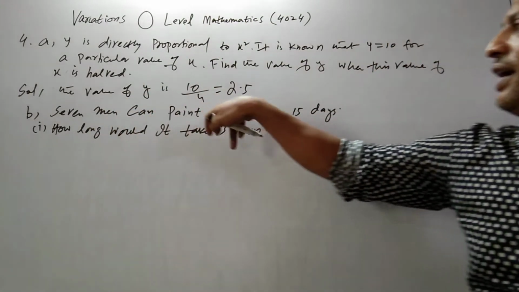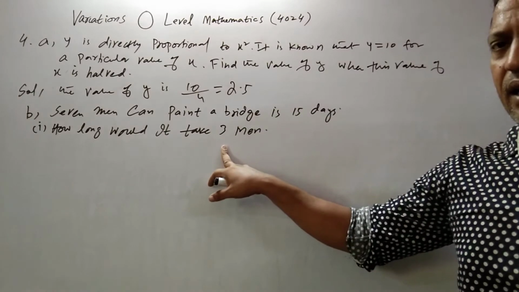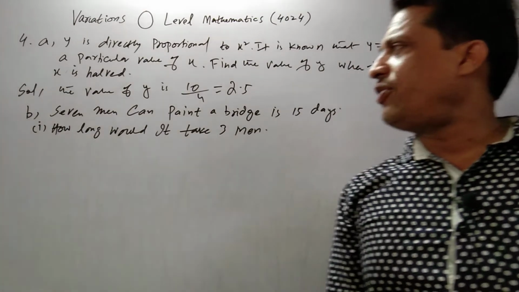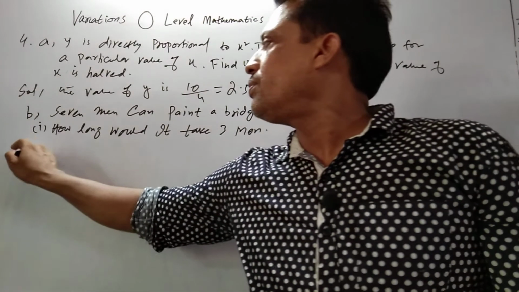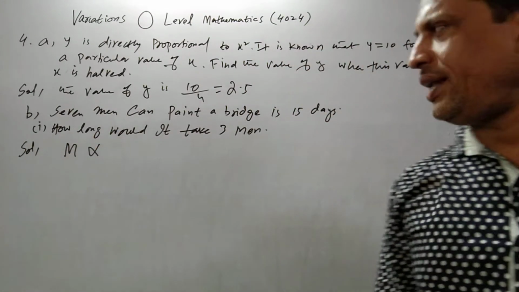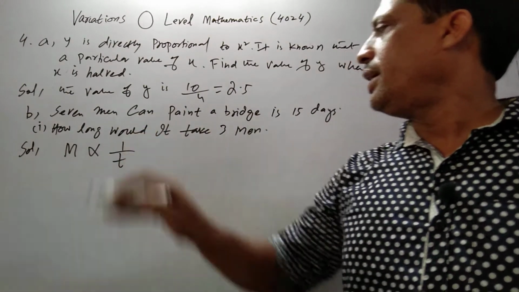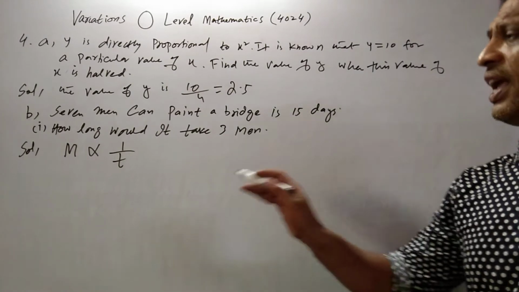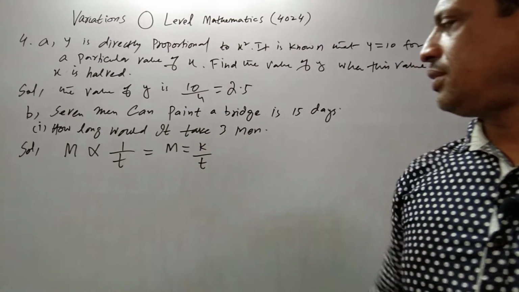7 men can paint a bridge in 15 days. Therefore, 3 men can paint a bridge in more than 15 days. Therefore, the relation is inverse. So, if I assign men as m and I assign the time as t, the relation is m is inversely proportional to t and m is equal to k upon t.